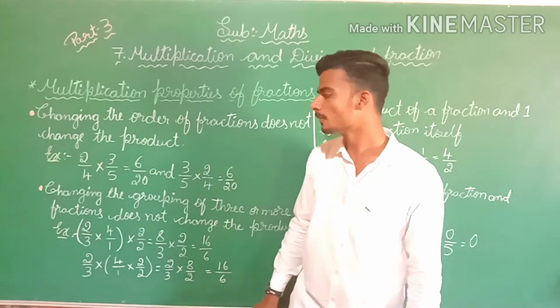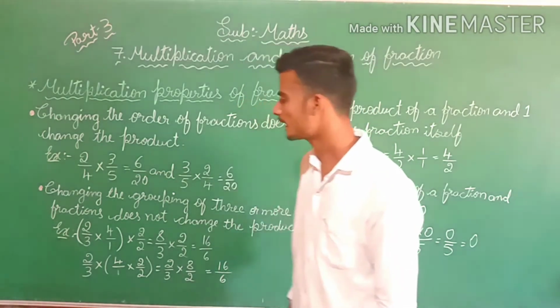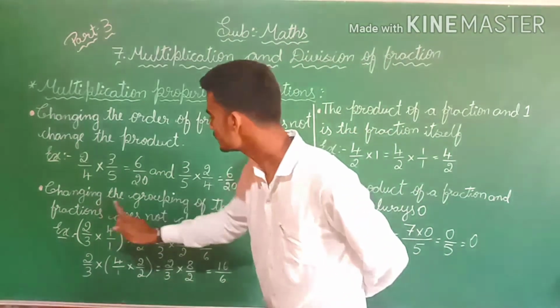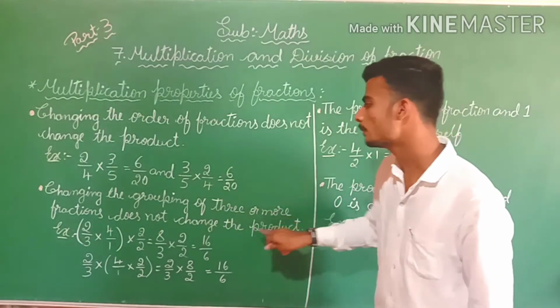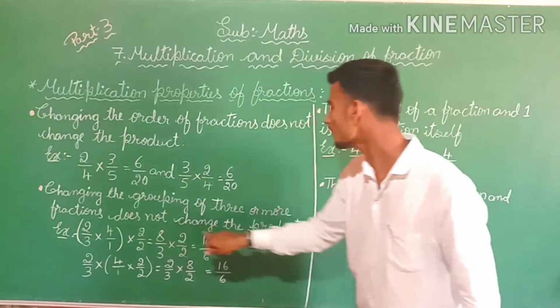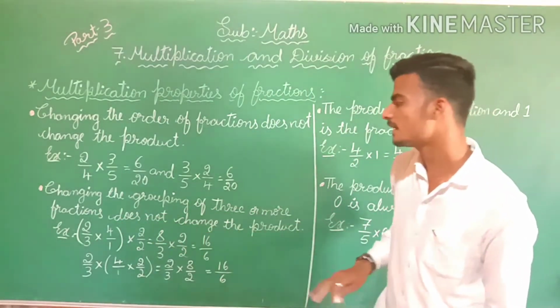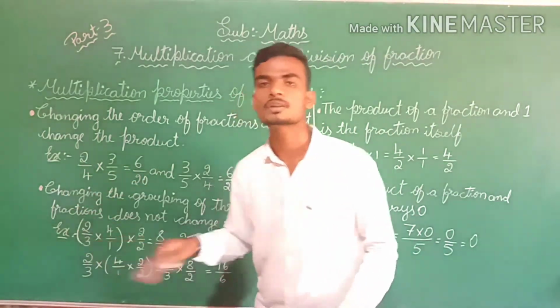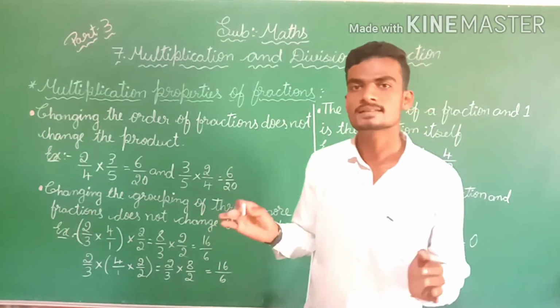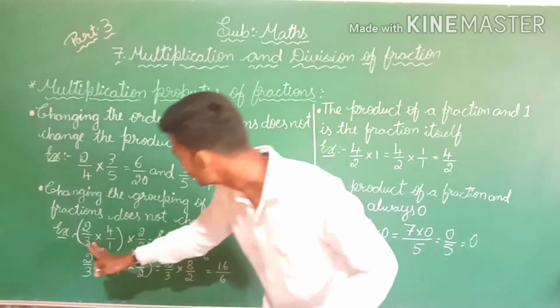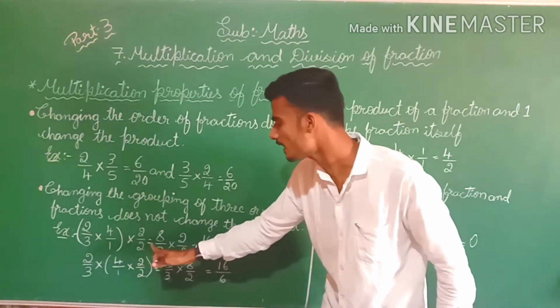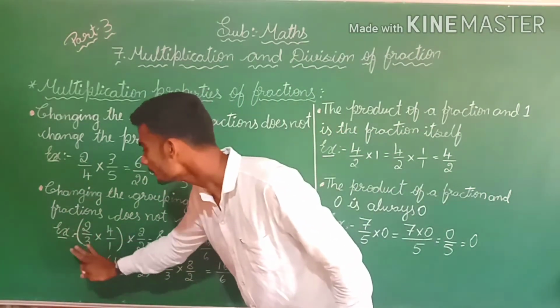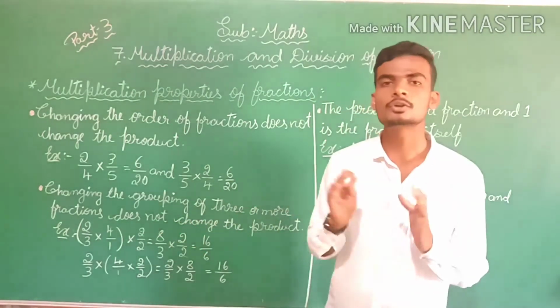Then the second property says that changing the grouping of 3 or more fractions does not change the product. If more than 2 fractions arise, we make them into a group.